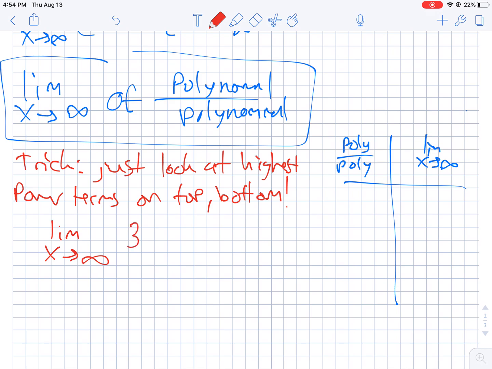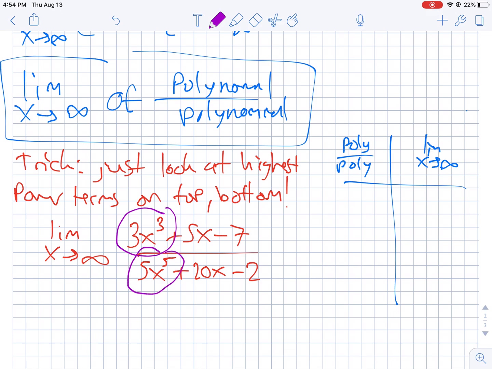Let's say 3x cubed plus 5x minus 7 over, I don't know, 5x to the 5th plus 20x minus 2. And basically, you're just going to say, okay, I'm going to pick the highest power terms. That's the x cubed on top, the x to the 5th on bottom. These are what's called the leading terms. The highest power. The coefficient doesn't matter. It's the leading terms. And you basically just look at that limit.